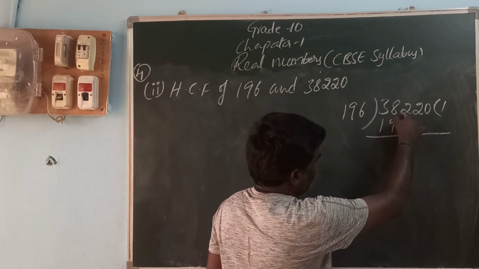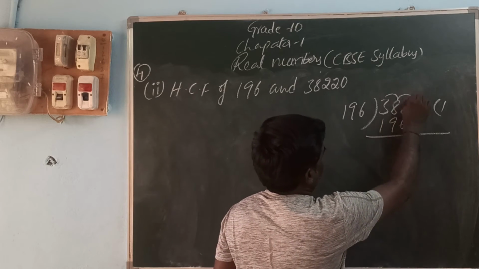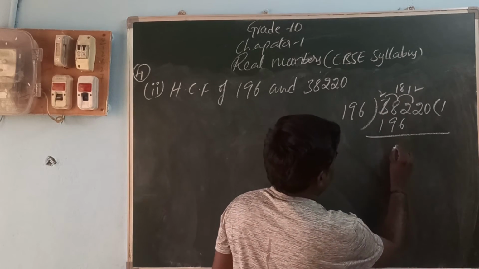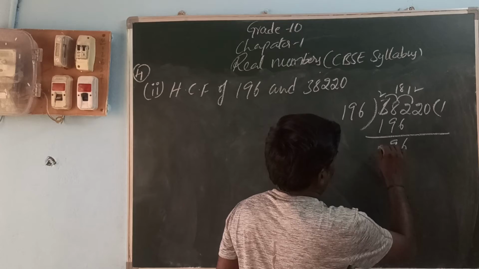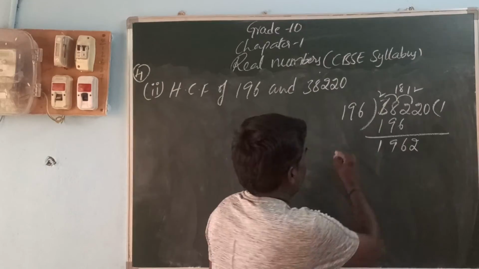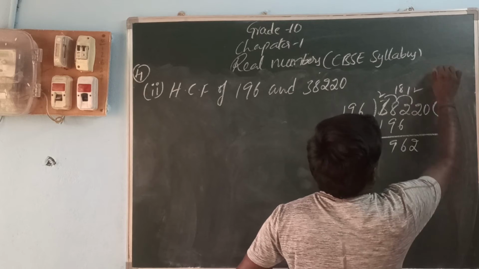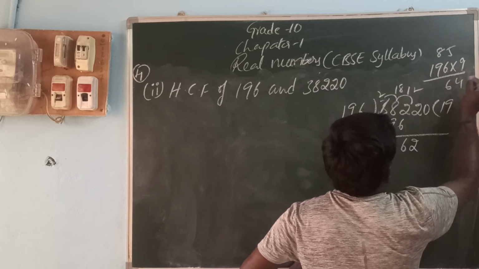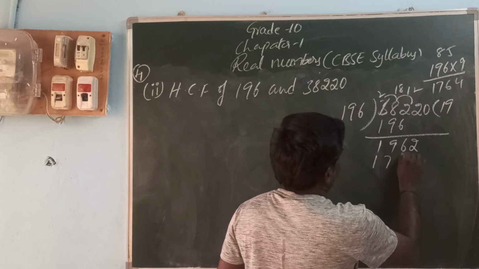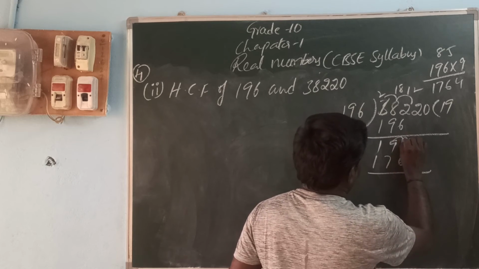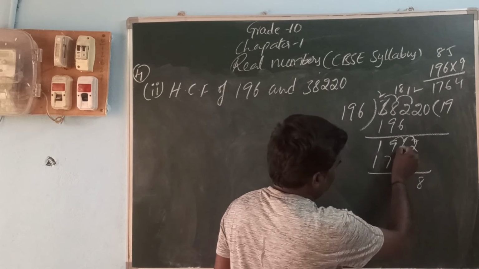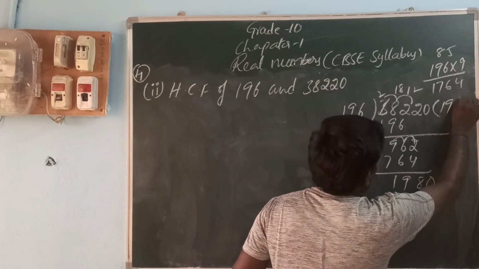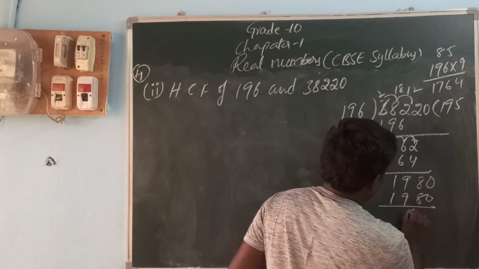Here from 2 we cannot subtract 6, take the borrow, that is 12. 196 nines are 1764. Take borrow again. 196 fives are 980. So the remainder is 0.